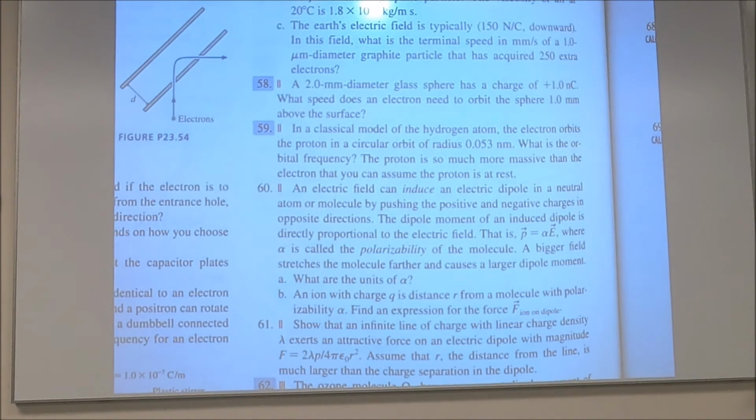It says a 2 millimeter diameter glass sphere has a charge of 1 nanocoulomb.